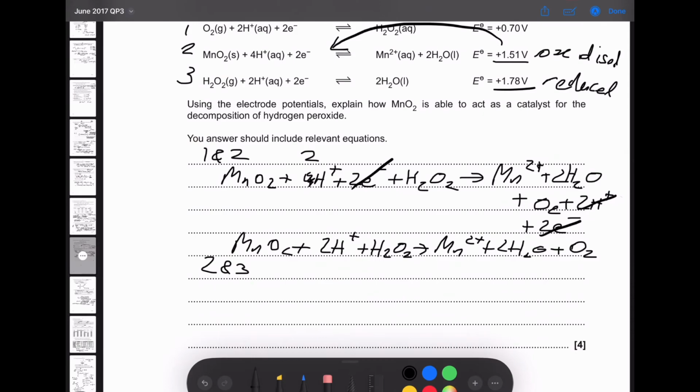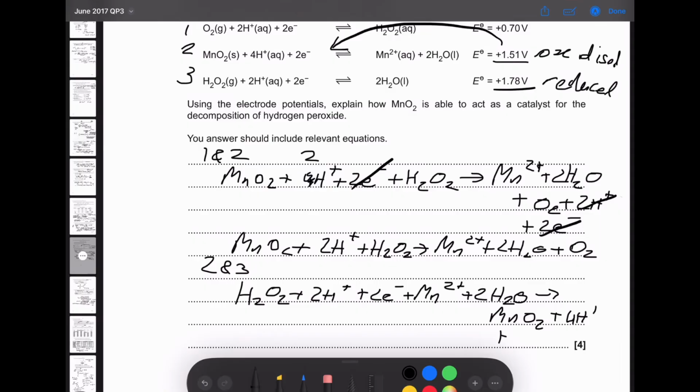So we get H2O2 plus 2H+ plus 2e- plus Mn2+ plus 2H2O gives us Mn2+ plus 4H+ plus 2e- plus 2H2O, and what can we do?